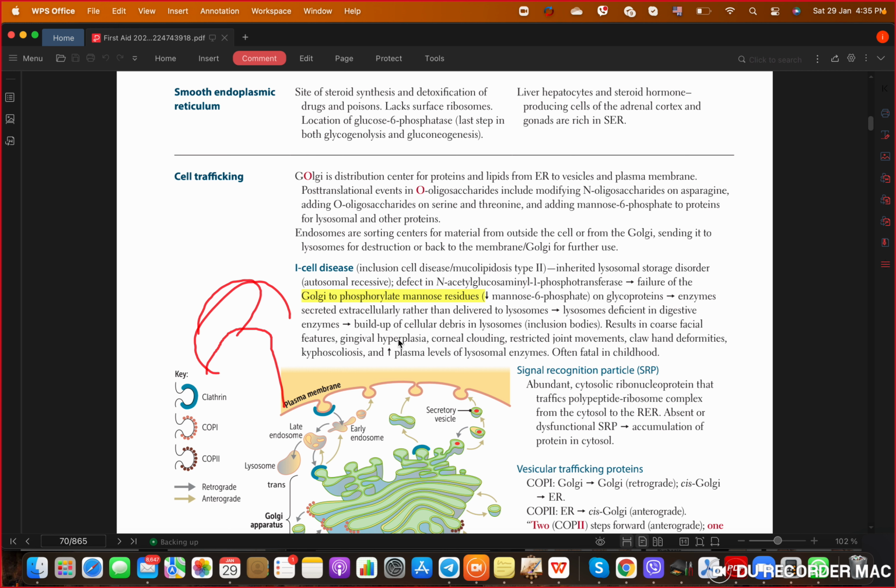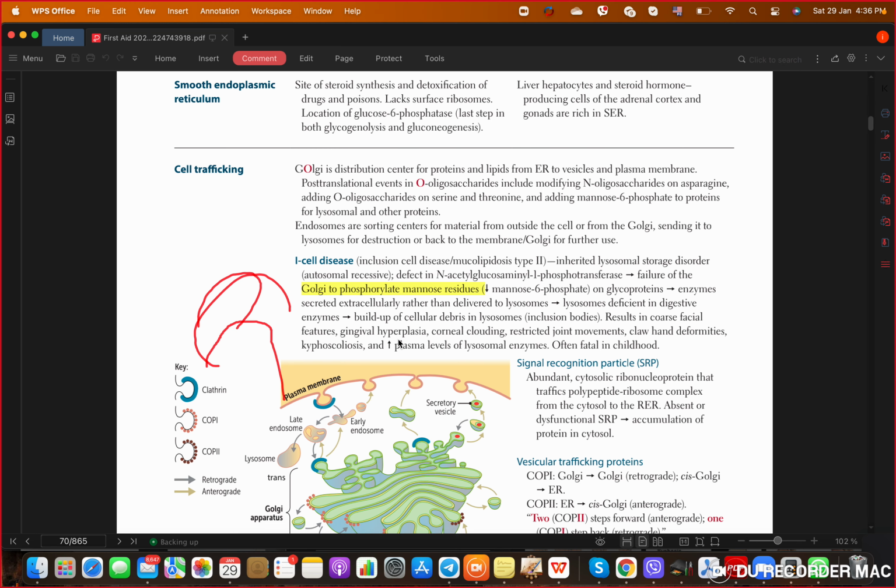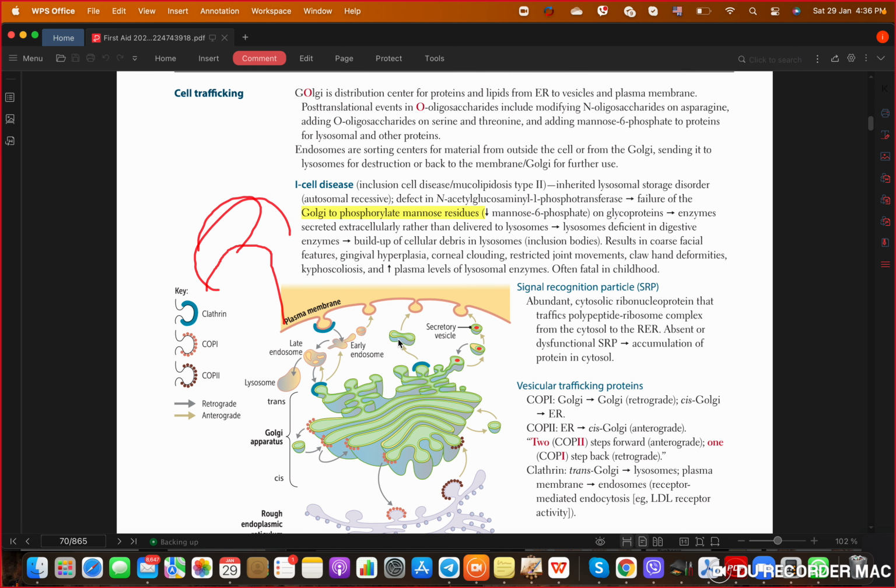Yes. It's often fatal in childhood. How can they ask you about this? They can describe I-cell disease and ask why it happens, and it's failure to phosphorylate the mannose residue. That's the answer. They won't ask about the enzyme defect. They never ask about the enzyme.